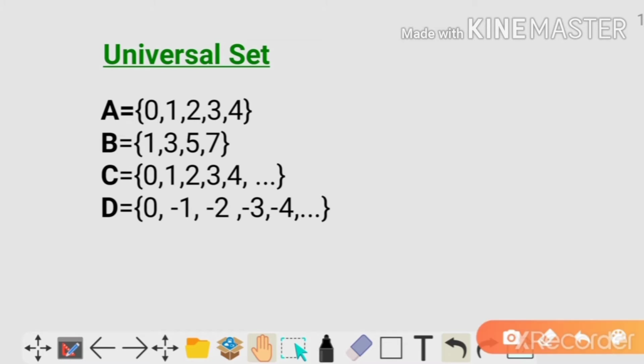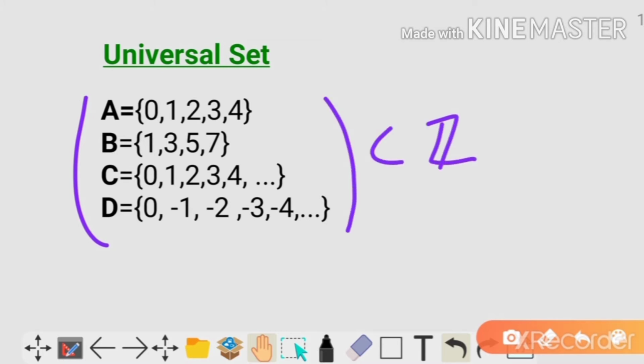We choose our universal set according to the respective sets we are dealing with. So here the 4 sets are subsets of integers, so the universal set can be Z. Similarly, the universal set can be R. So the mother set or the superset is generally called the universal set, but there is no particular set which is the universal set.